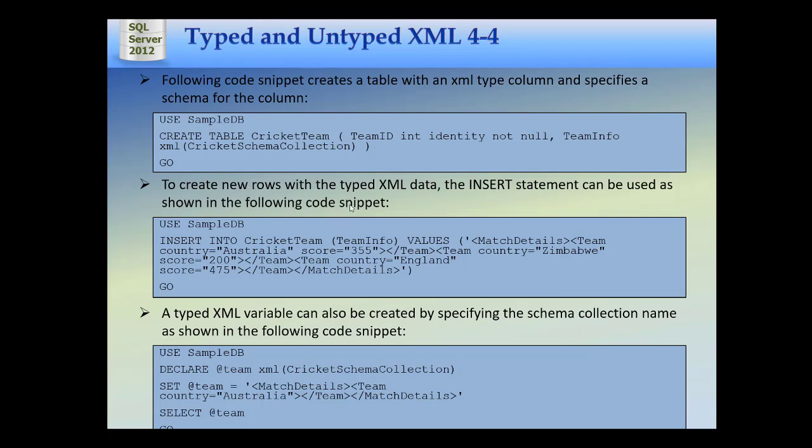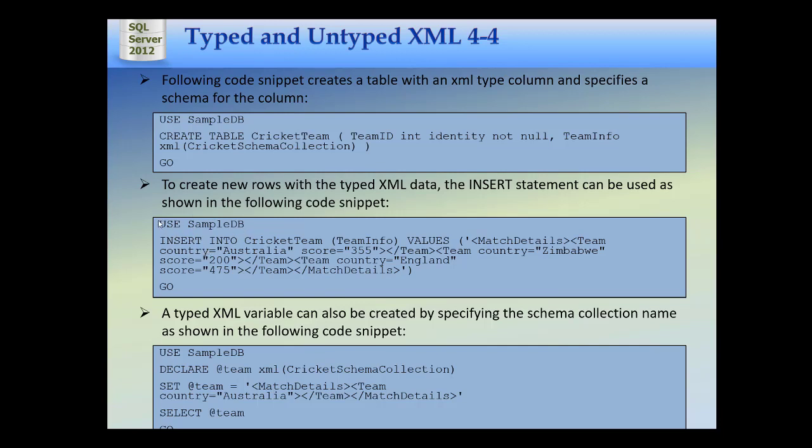Now, to create new rows with typed XML data, the insert statement can be used as shown in the following code snippet. And a typed XML variable can also be created by specifying the schema collection name as shown in the following code snippet. Now, highlight these two statements and copy them into the query window.